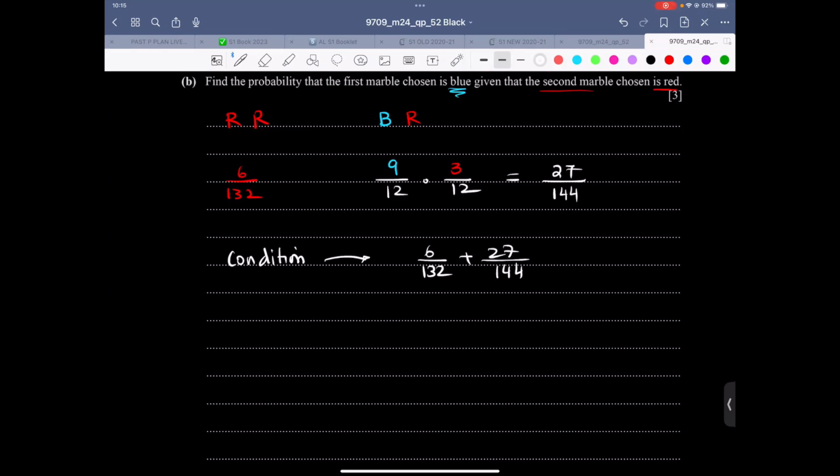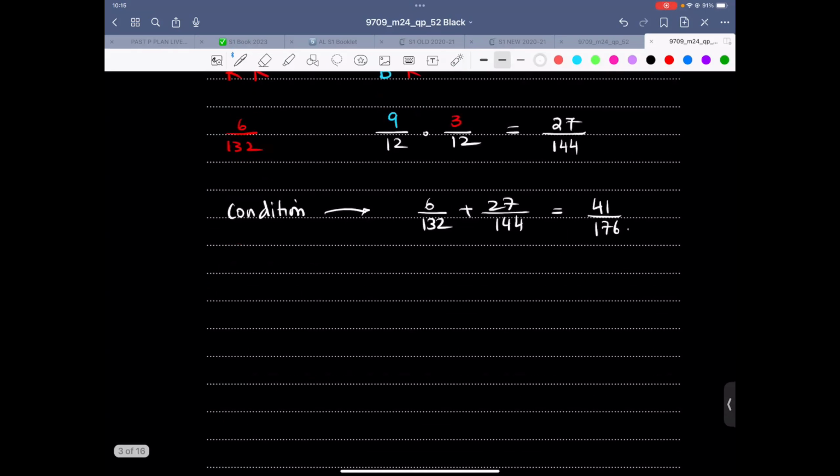Now let me use a calculator and add it up. So let me grab my calculator, and this is a fraction 6, and then I have 132 over here. The next fraction is 27, and this is 144. So this adds up to 41/176.